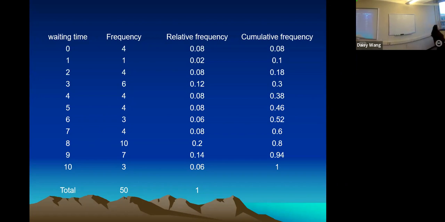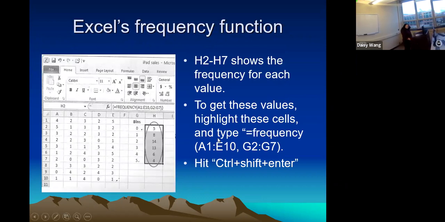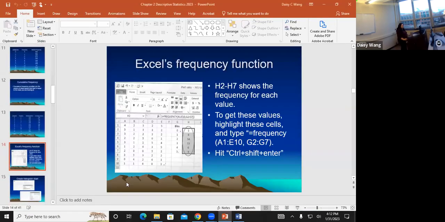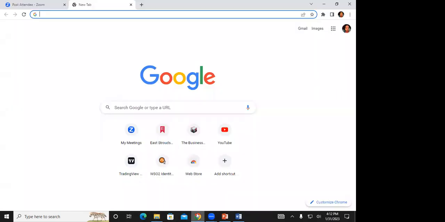Okay, so this is the frequency, and when this is a number, we can easily use Excel to do the frequency table. Okay, I'm going to just show you how to do this. We have a file.